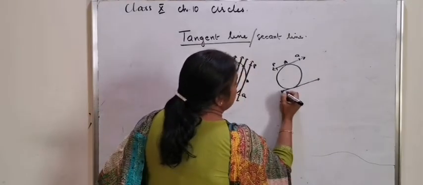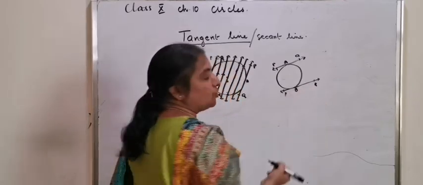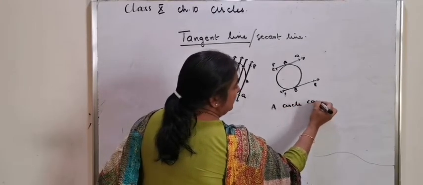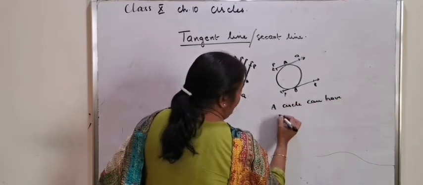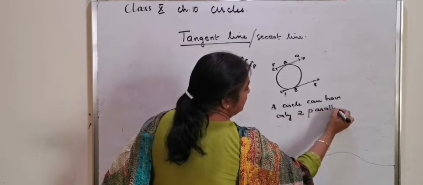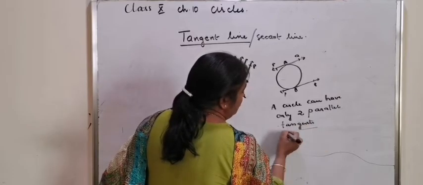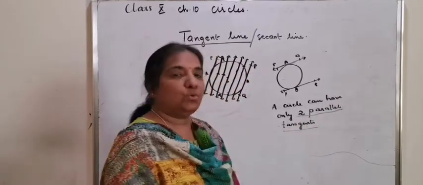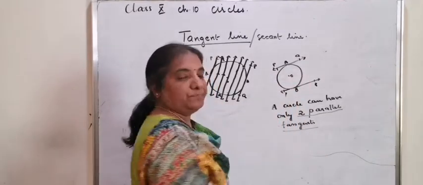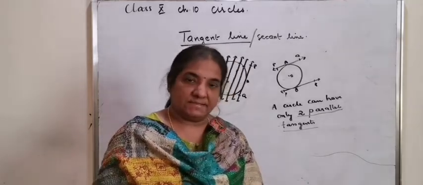Only one more tangent can be parallel to the given tangent, or a circle can have only 2 parallel tangents. A circle will have only 2 parallel tangents as shown in the figure. That is the second property of tangents.